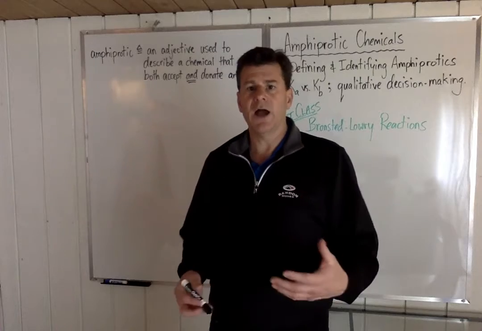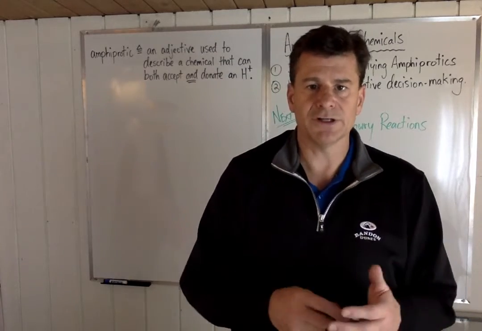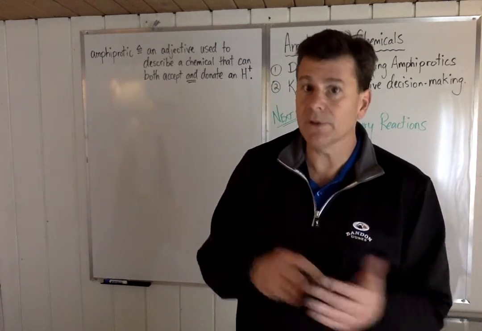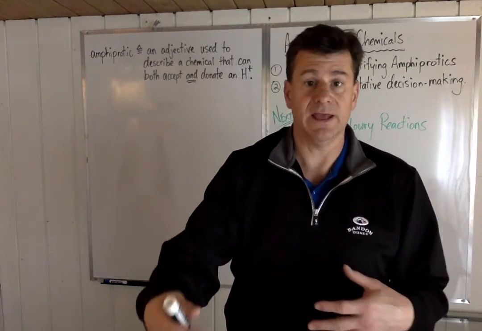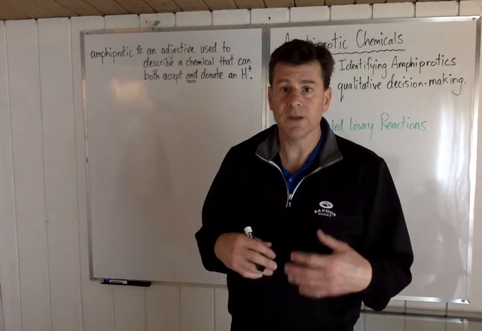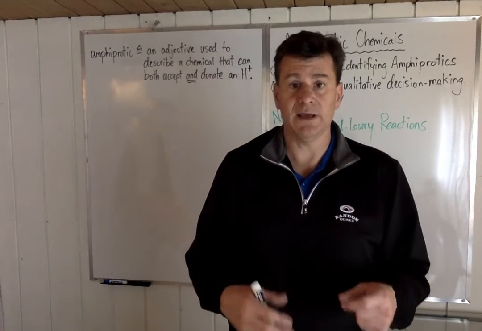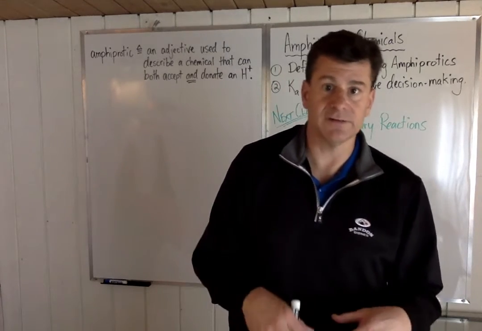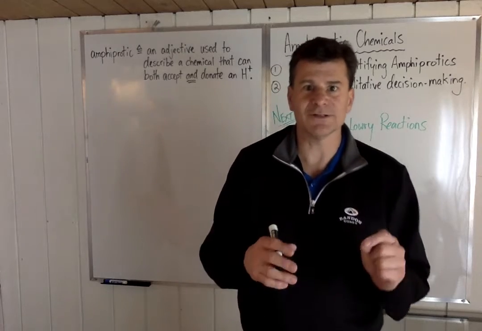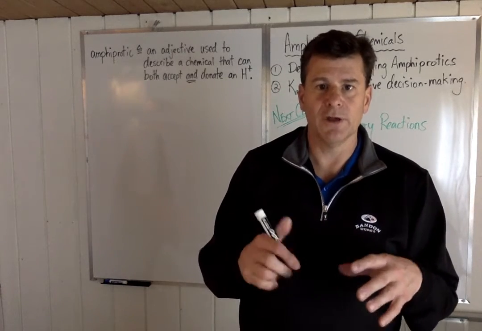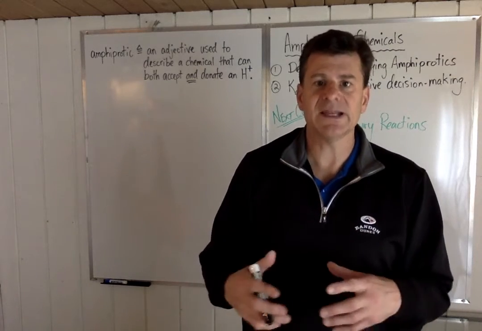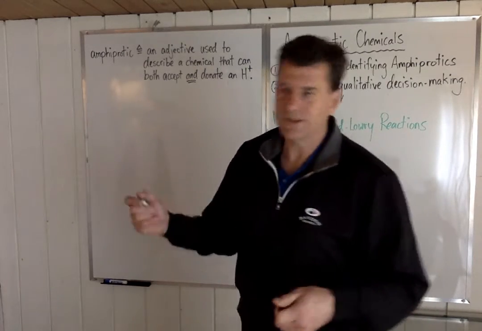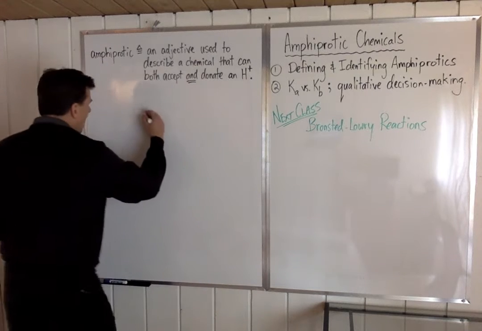And so you'll find that an amphiprotic species will have a very similar formula to an acid, because acids donate H's. So for an amphiprotic species to be that acid part of it, it's almost like they're multi-personality. When it's in its acid form, it has to have an H to donate.